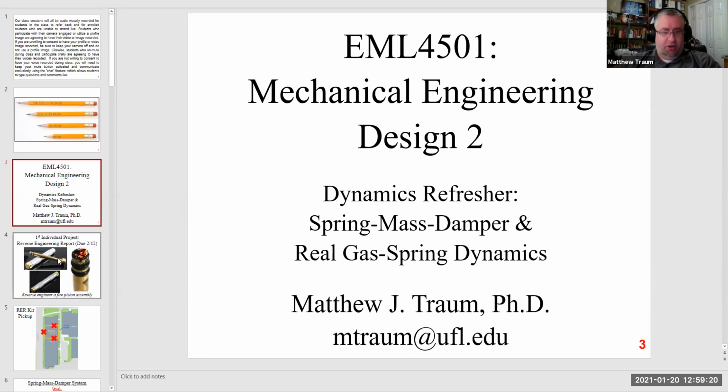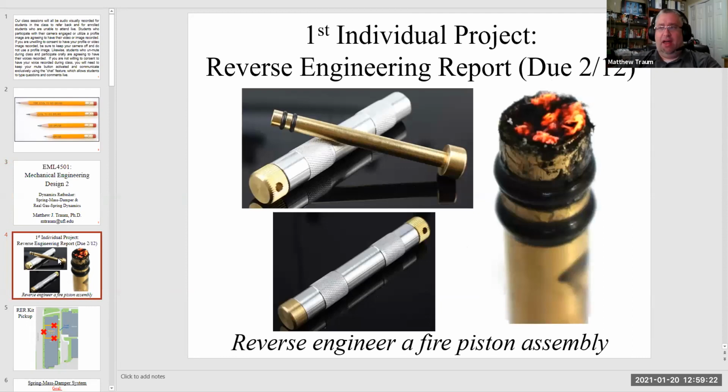So there's that little bit of housekeeping, and then the other bit of housekeeping is with the reverse engineering reports. We do now have all the artifacts in MAEC 010, the design lab.